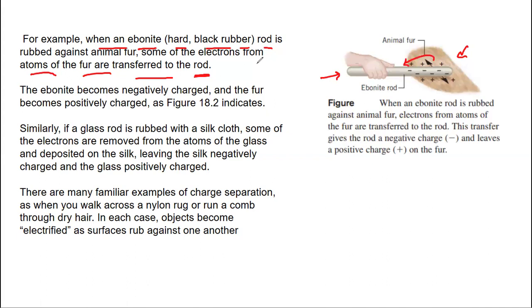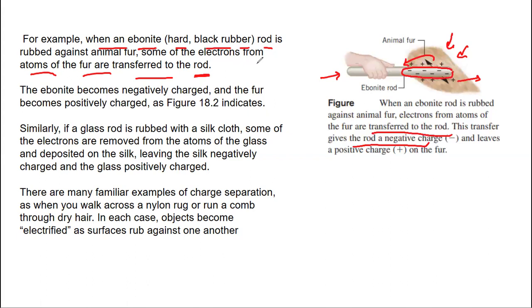So when you do this, electrons from the fur are transferred to the rod. This transfer gives the rod excess negative charge. Do you see this negative charge being accumulated on the ebonite rod? And because the animal fur is losing those electrons, it will be left with only positive charges. So this is separation of charges. They will attract each other when you rub them.